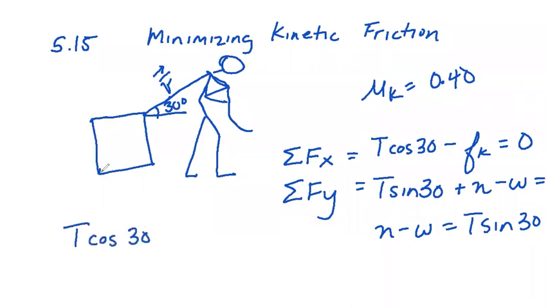The frictional force has got to equal the constant force I'm supplying. And by definition, that's going to equal the normal force times mu k.